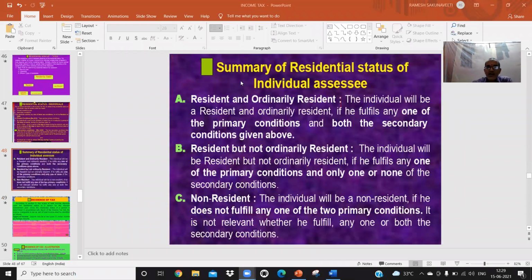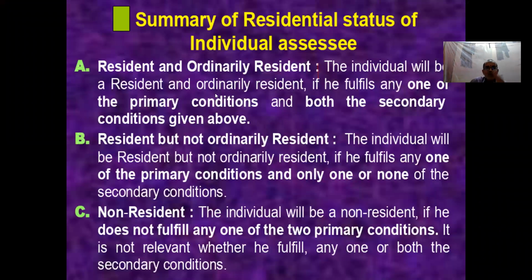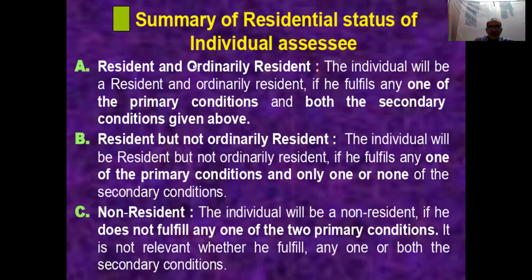Are you able to see this screen now? Are you able to see this PowerPoint presentation? Yes, sir. Our conclusion is going to be like this. These are the concluding points. This is the summary of residential status of an individual assessee.